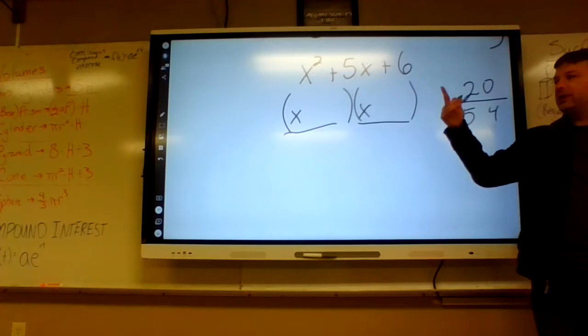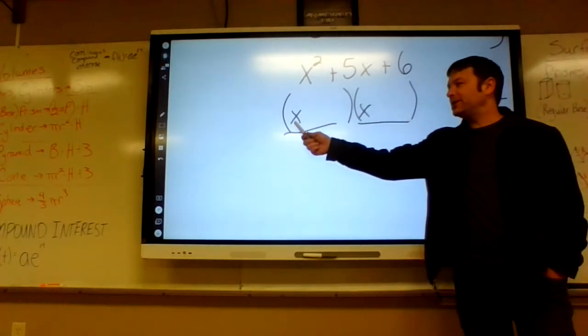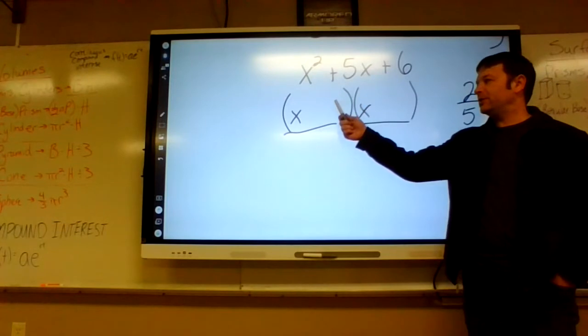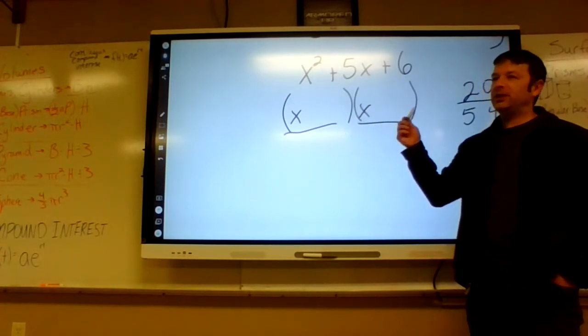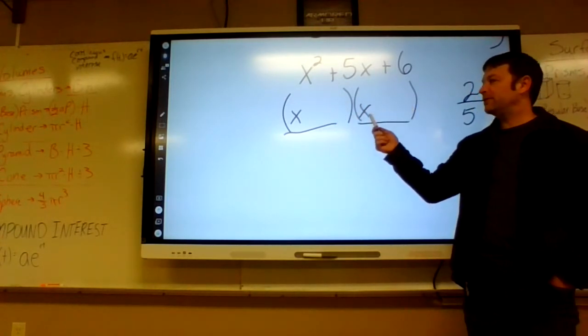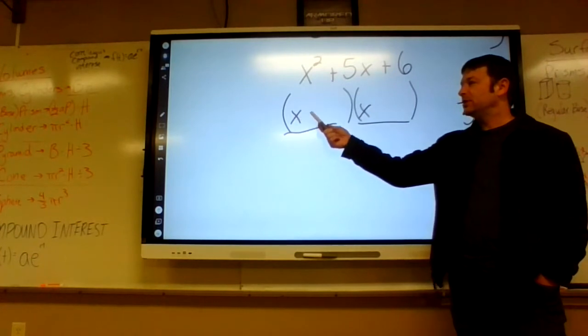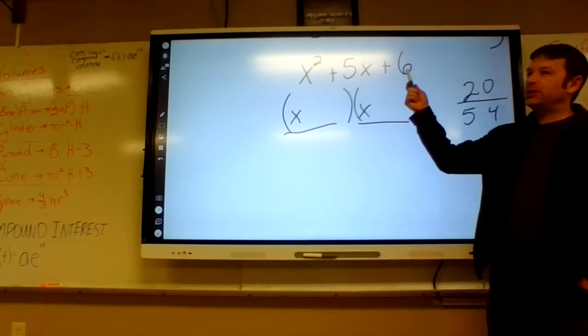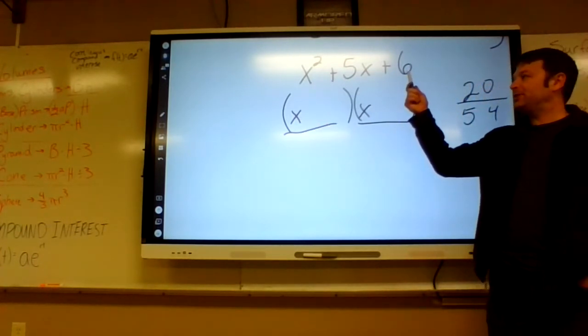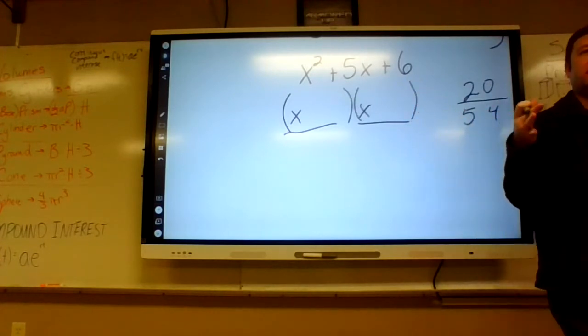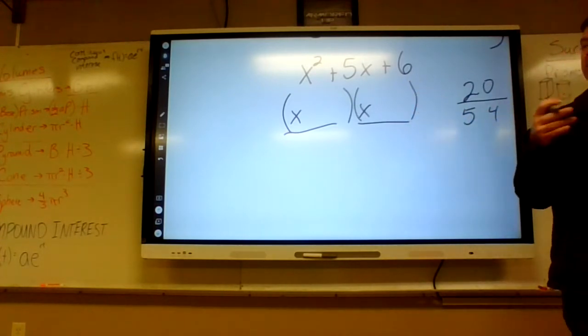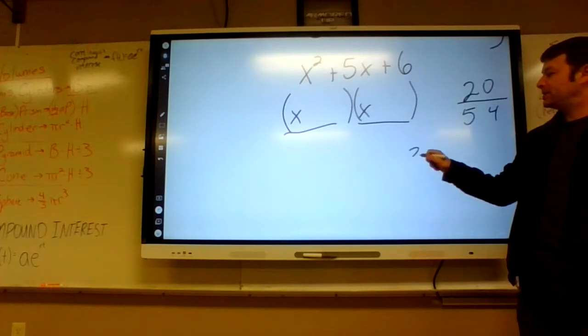The order is not going to matter, because the x's up front are the same, so if I put 2 and 3 or 3 and 2, it doesn't matter. So 3 and 2, 6 and 1, those are options. But also -3 and -2 would multiply to 6.